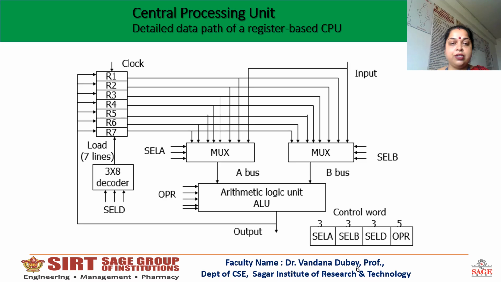The interaction of registers, buses, multiplexers, and the ALU allows the execution of arithmetic and logic operations in a structured manner. Such a design is crucial for modern processors, ensuring speed, accuracy, and efficient resource utilization in computing tasks.